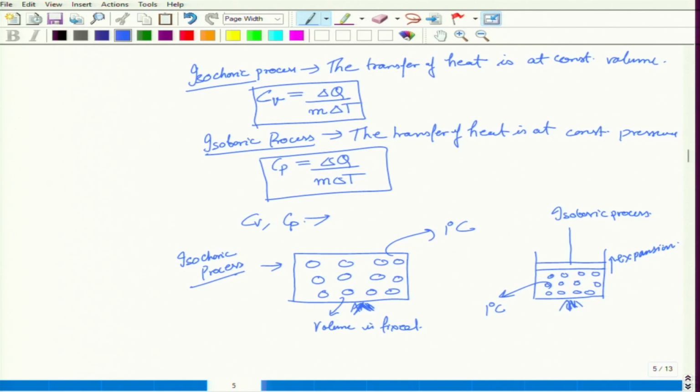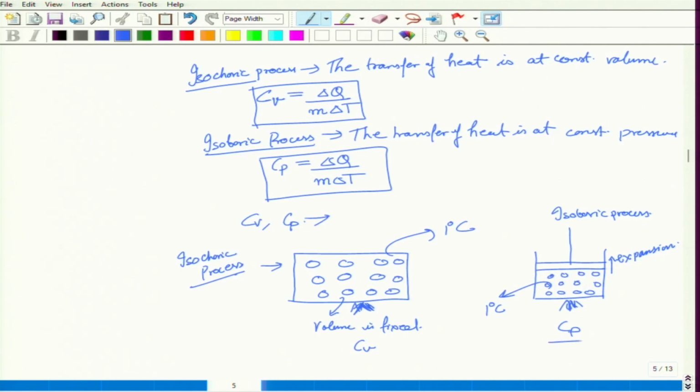The details of all this expansion and other things will come later, but for now, to get a feel for how things are happening, we need to understand this process, and the specific heats that we are defining are Cv and Cp.